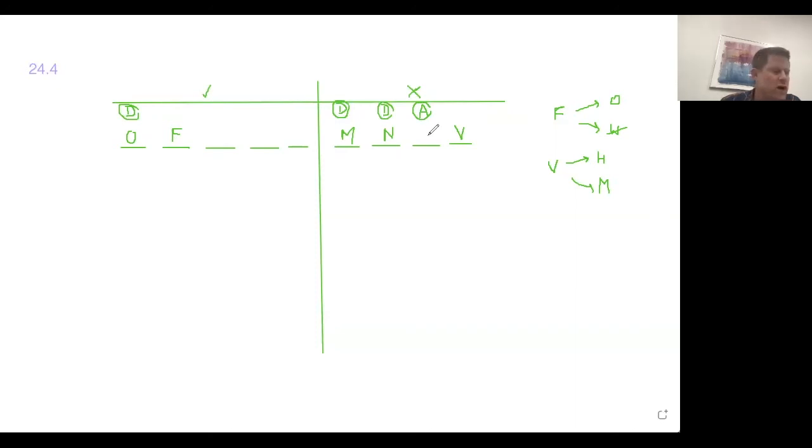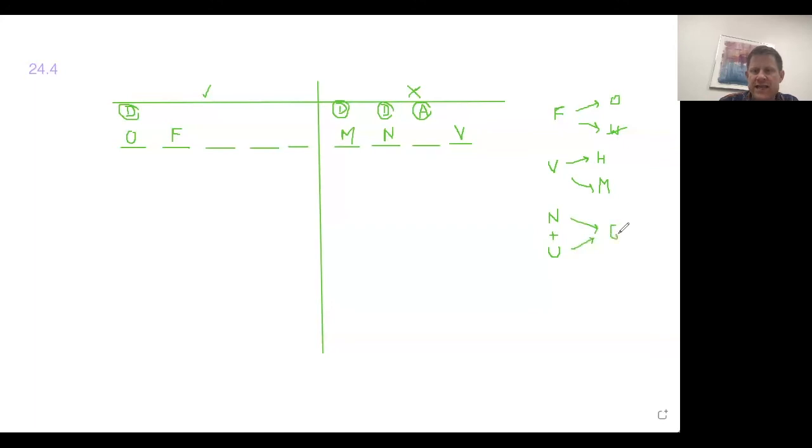Now, we've got one more rule to deal with, and that's the rule about G, N, and U. If both N and U are in, then G is out. So let's think about that one for a moment. It has to be both N and U. Then G is out.